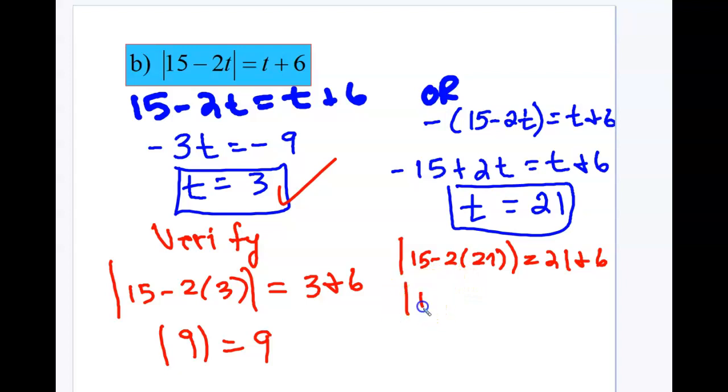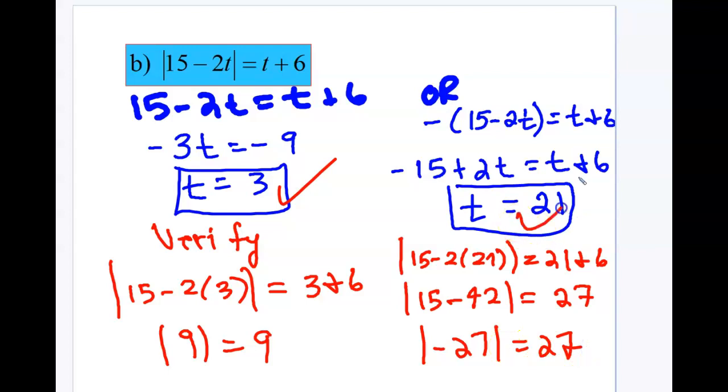Well, this becomes 15 minus 42. The right-hand side works out to be 27, and 15 minus 42 is negative 27, and if we take the absolute value, that's going to equal 27, so that too is valid. So when we're solving absolute value equations, we get two solutions, maybe one solution, depending on whether it's valid.